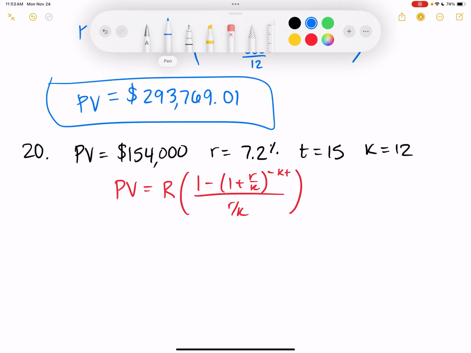Word problems will be like, Sally has a house with a present value of blah, blah, blah. How many years will it take her to pay off the loan? Those kinds of things. So, divide by R on both sides.